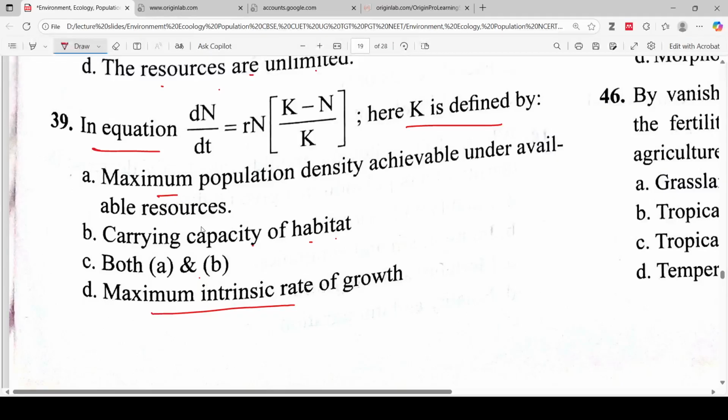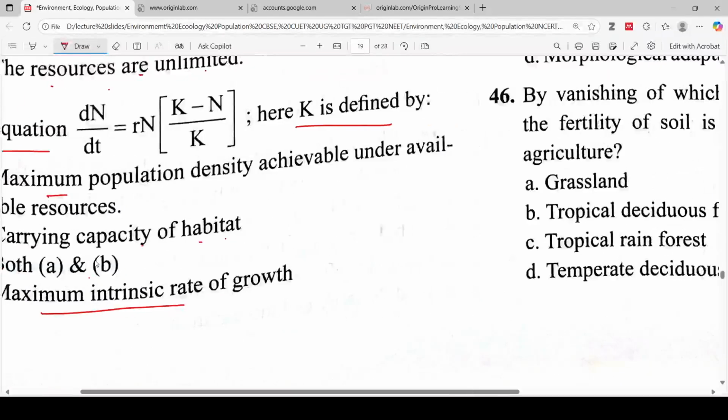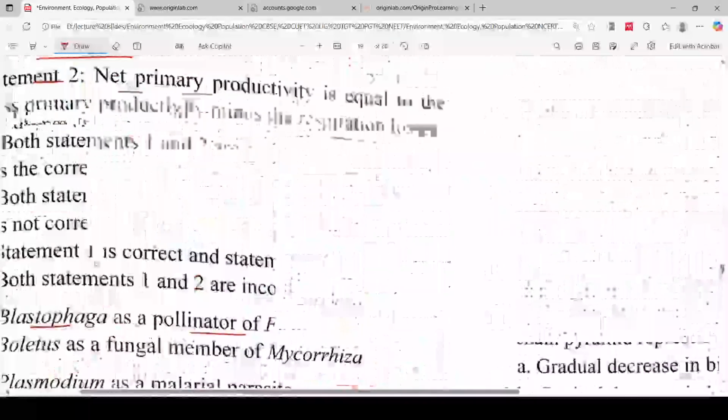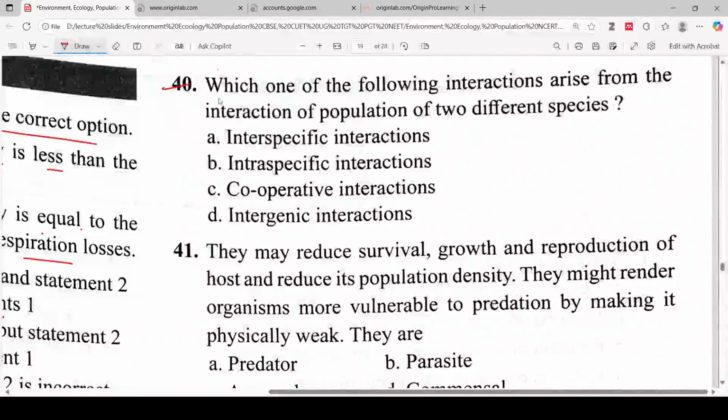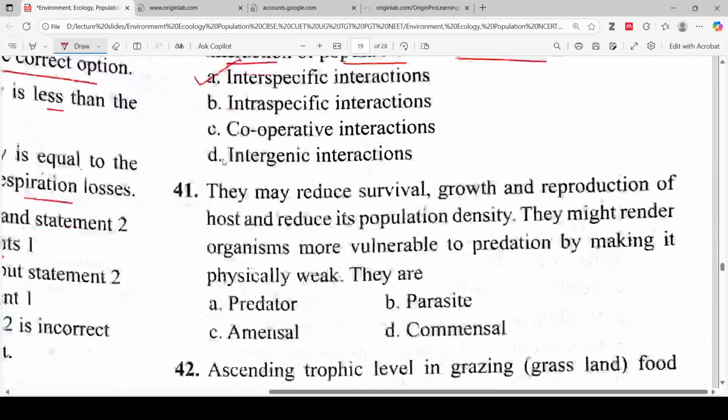So option C, both A and B, will be the correct answer. Which one of the following interactions arises from the interaction of populations of two different species? So the correct answer is option A. Next question.